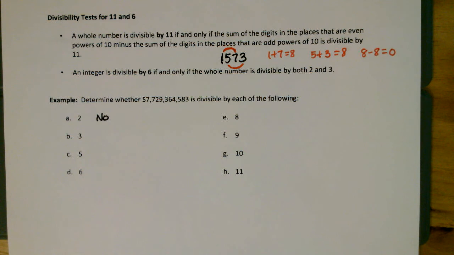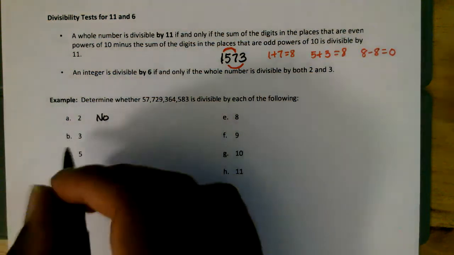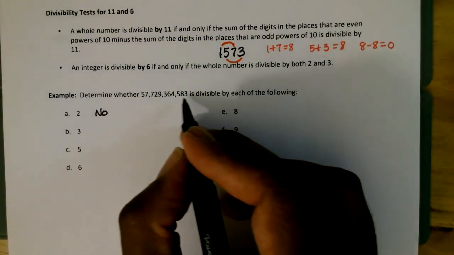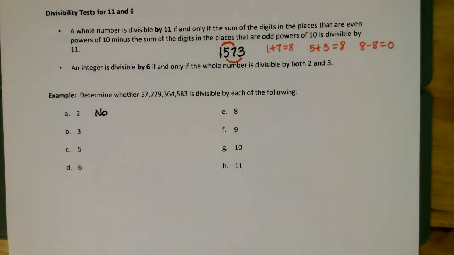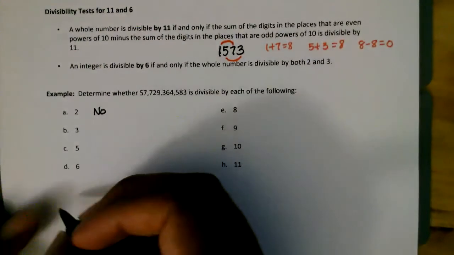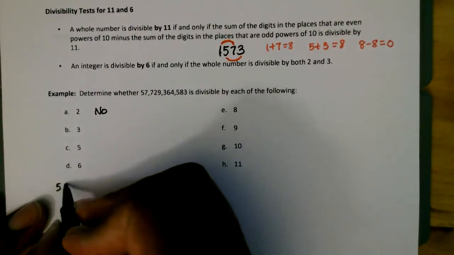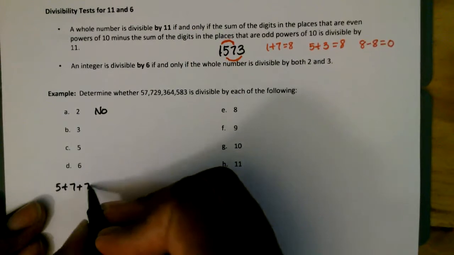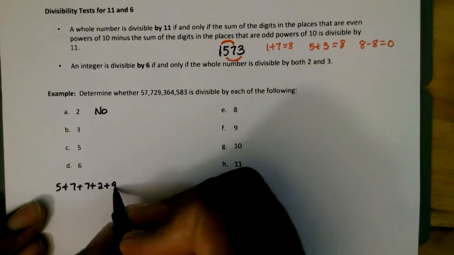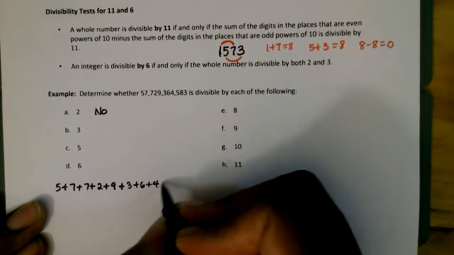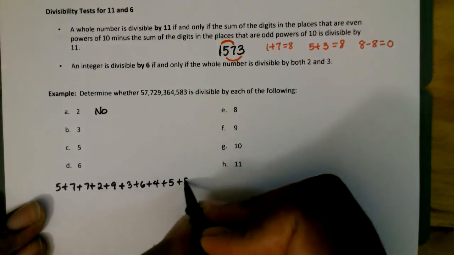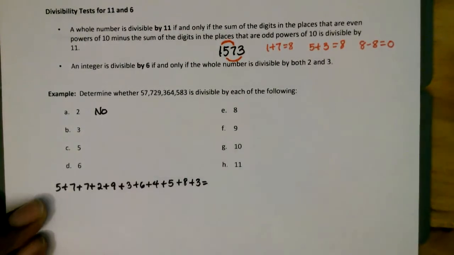And then what about 3? For it to be divisible by 3, I need to take the sum of all of the digits in 57,729,364,583. All right, so I'm going to do this on the bottom. 5 plus 7 plus 7 plus 2 plus 9 plus 3 plus 6 plus 4 plus 5 plus 8 plus 3.